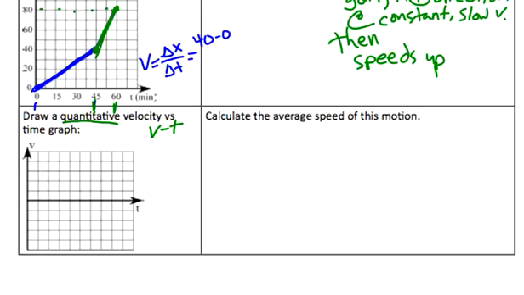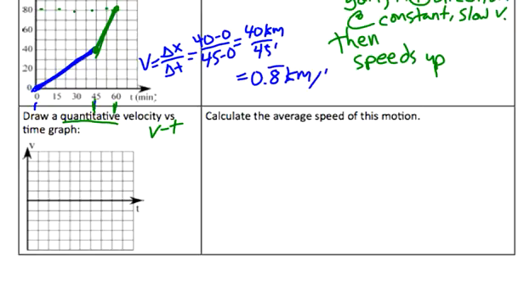The initial is 0. Final time is 45. The initial is 0 minutes. And so I'm going to get 40 kilometers over 45 minutes. That's 0.8 repeating kilometers per minute.